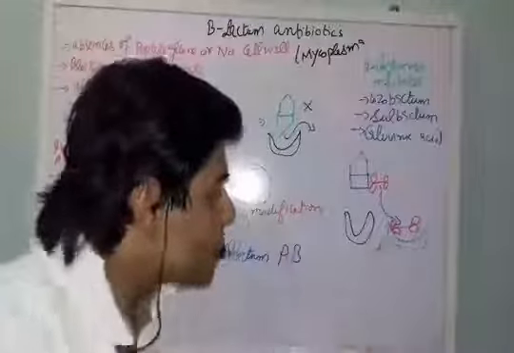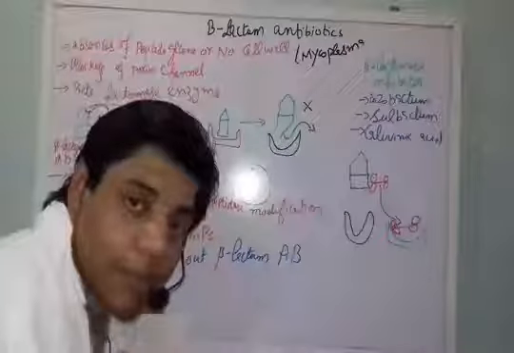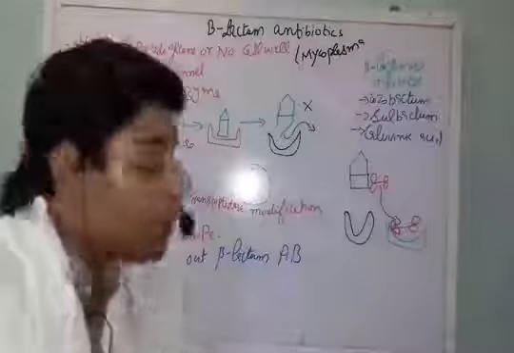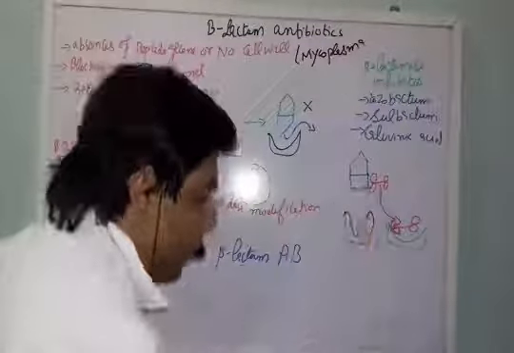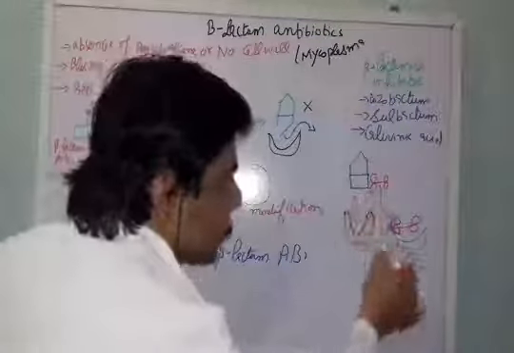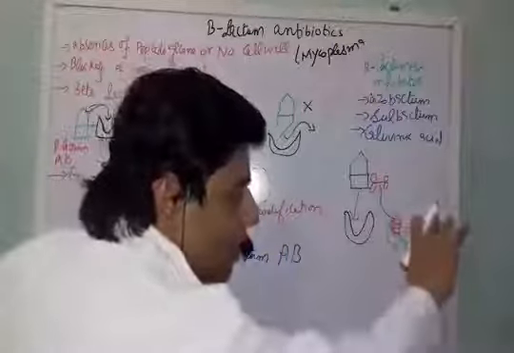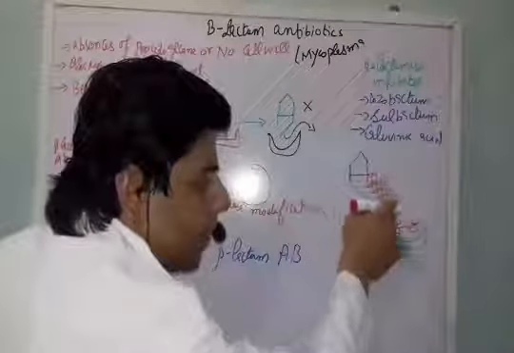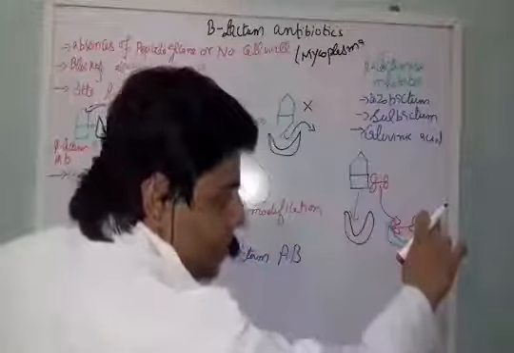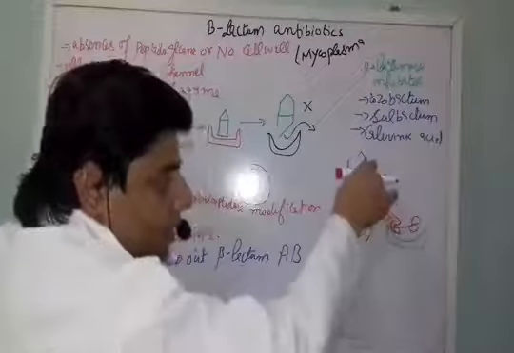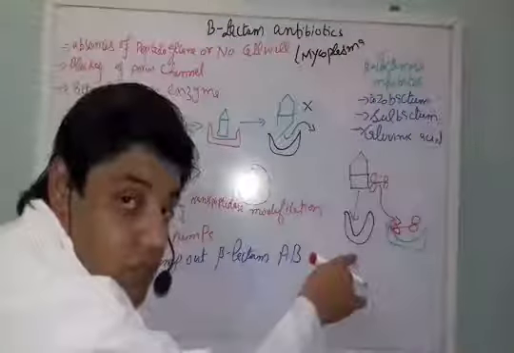Once the fight starts, this beta-lactam antibiotic is free and gets an advantage from this fight. It will easily bind here because the enzyme is fighting with the inhibitor. So the enzyme will not bind here. What happens? This beta-lactam antibiotic will bind to it.